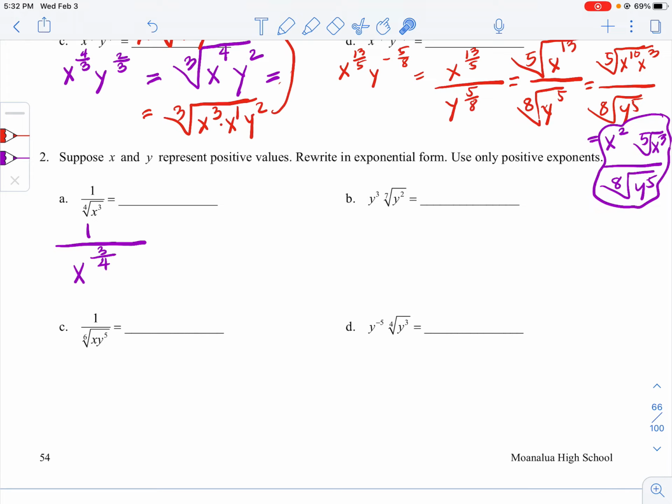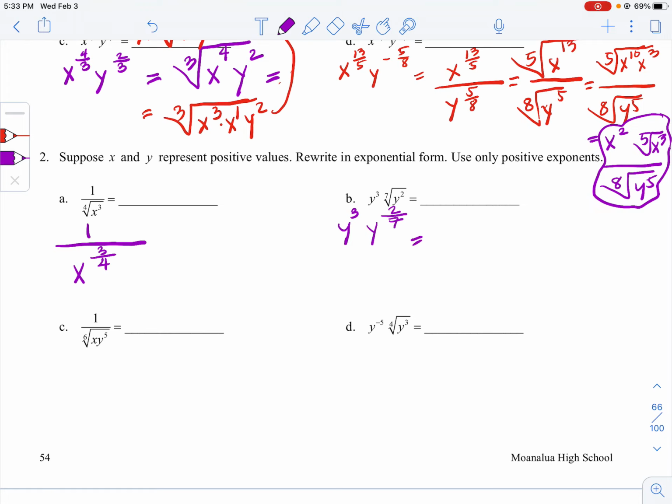Letter B, we have y cubed times y. The 2 goes on the top and the 7 goes on the bottom. I am rewriting radical to exponential.